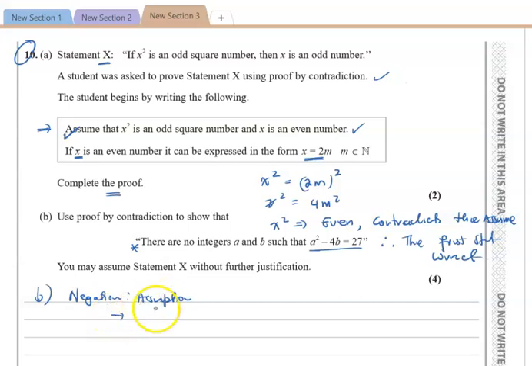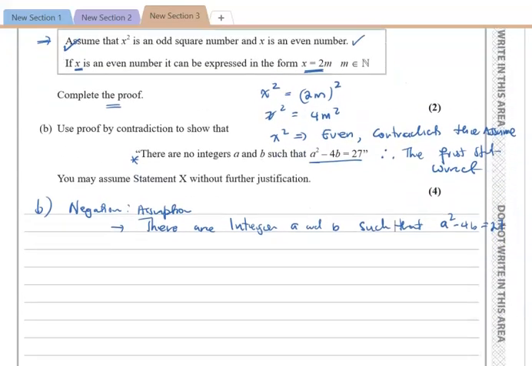You're going to say that there exist integers a and b such that a squared minus 4b is equal to 27.